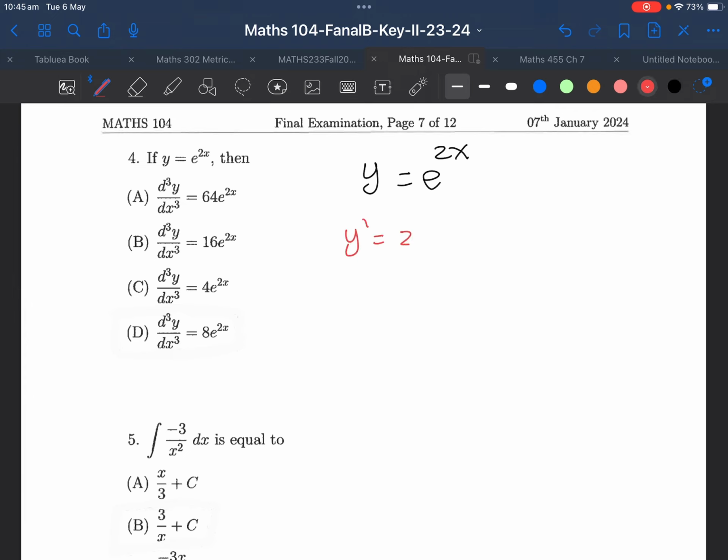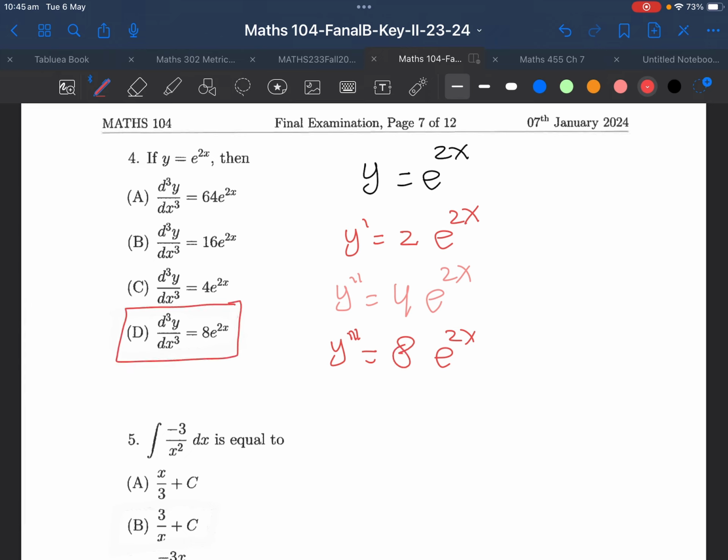So the first derivative would be just 2e to the 2x. Second derivative will be 2, and then we'll have another 2. So we get 4e to the 2x. And finally, the third derivative, which is the one in the question, will be e to the 2x, and then we have 4 times 2, which is 8. So the answer is 8.